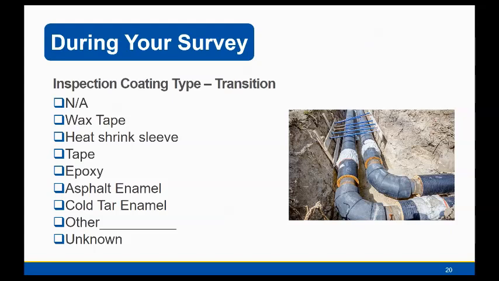So transition points in the pipeline, understanding that it could be a different coating type than what you see in the main joint of pipe. This is anywhere that there's been a tie-in or some sort of change in the pipeline, and just understanding that you may have different types of coating, and some of those specific to that vintage of when the work was performed or when that pipe went through the pipe mill, and what you can expect along the way.